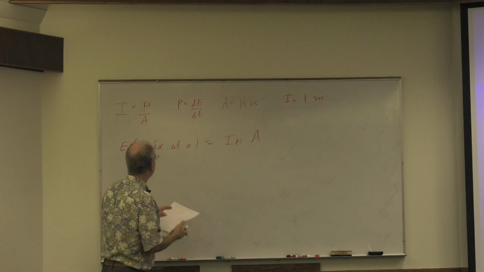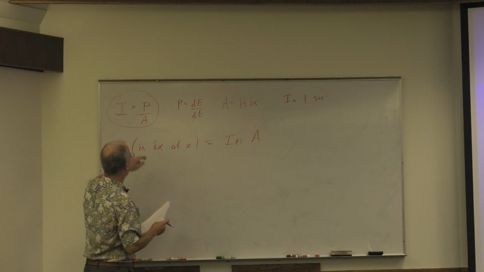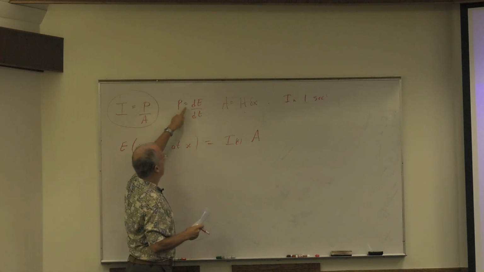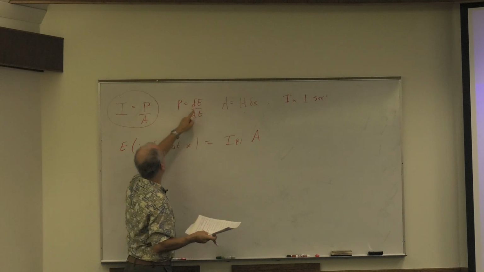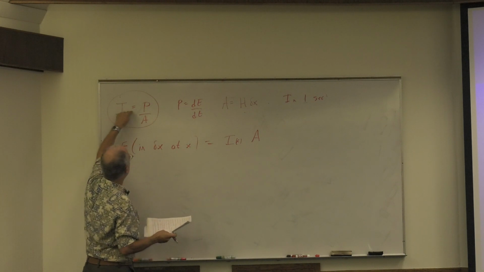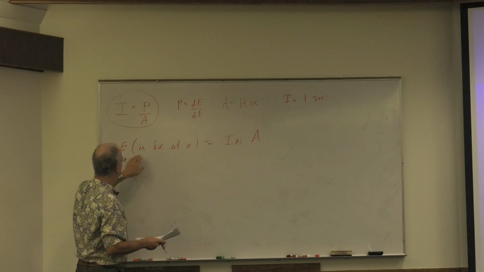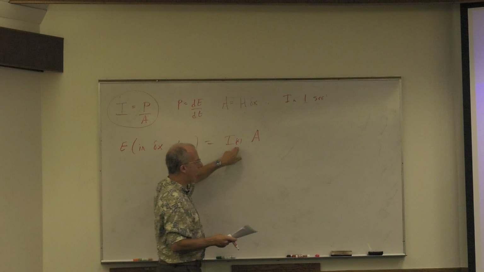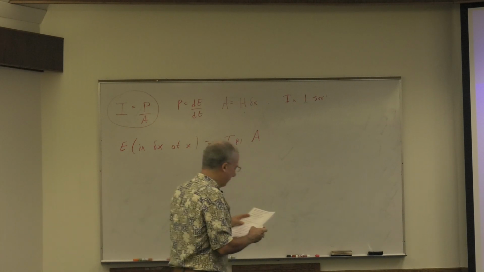We're kind of cheating a little bit, because instead of saying delta E over delta t, we're saying delta t is 1 second, so power is just delta E. We're just calling it E. So this is basically saying I equals E over A. So the expected value of E in delta x at x is just the intensity at x times that area. That's not so bad.